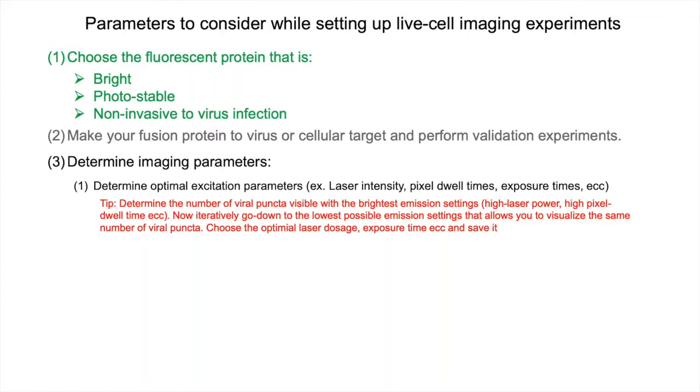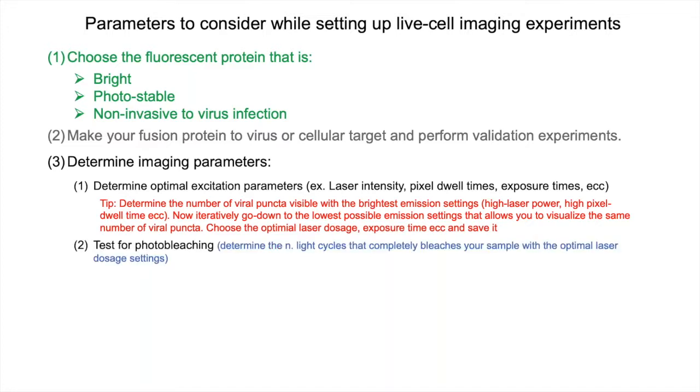But before you go to your imaging experiments, some of the things you want to consider are your excitation parameters, or the imaging parameters, as I would say. You want to be at an optimal laser intensity that gives your signal above background, and you can detect the fluorescent viruses. There are some tips I've put down here on how to calibrate your microscope system to visualize viral particles efficiently for live-cell imaging.